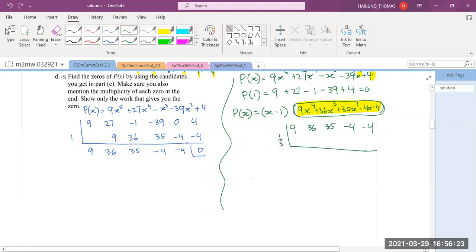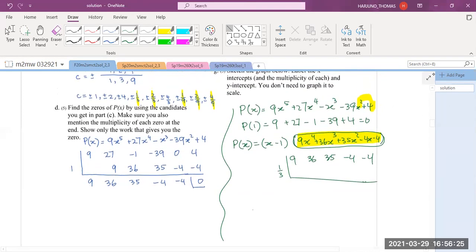Notice that I randomly pick this number from the ones I marked in yellow here. I tried 2/3, and it doesn't work, right? So either I try 1/3, 1/9, 2/9, or 4/9. And I choose to do 1/3.